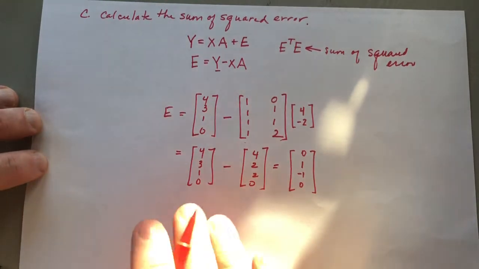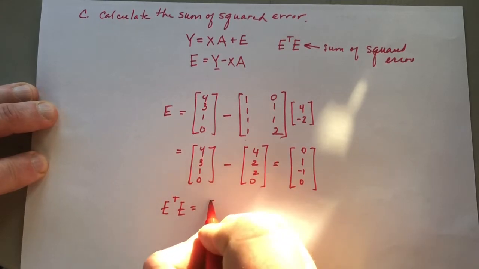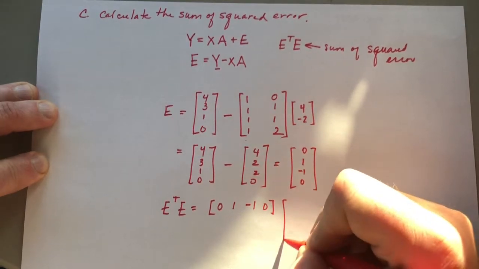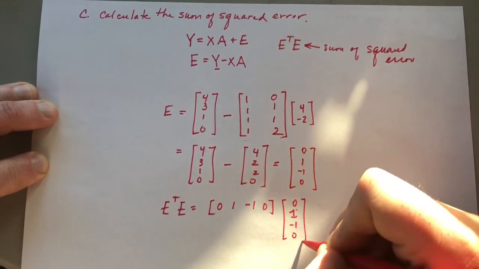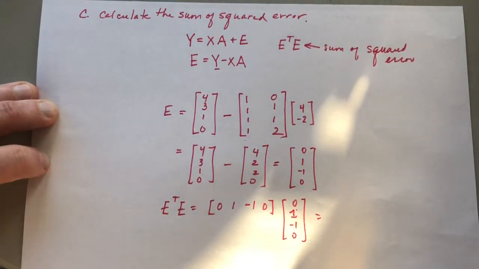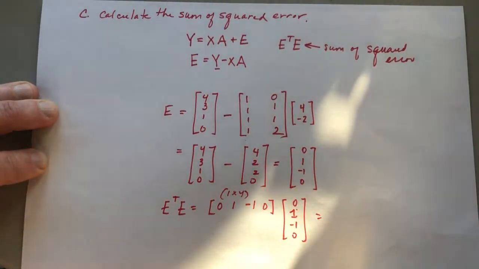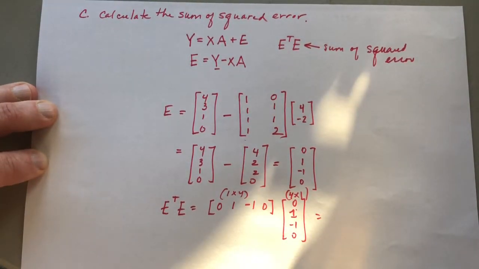Now what do I do next? Fairly straightforward. I just want to find E transpose and multiply it by E. Well, E transpose looks like this. And I multiply it by E. Oops, that just should be 1. This is -1, 0. If I multiply a 1 by 4 by a 4 by 1, I'll get back a 1 by 1, which is what we need, right?